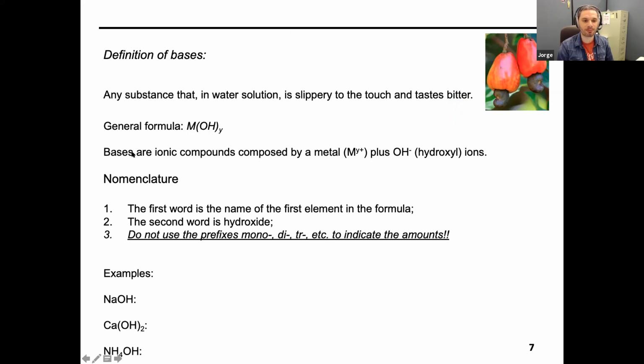Okay, because bases are ionic compounds, they are composed of a metal with a plus charge and OH, which is always 1 minus. And this OH part of the base is called hydroxyl. So always a metal combined with a hydroxyl ion. Remember that the hydroxyl ion is always 1 minus.